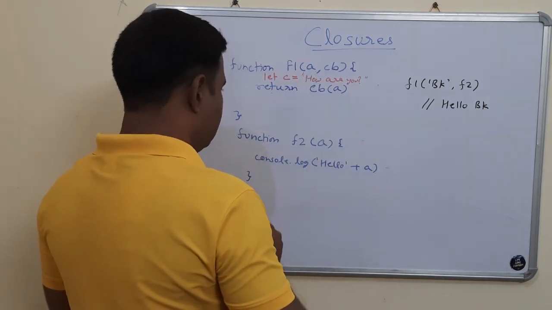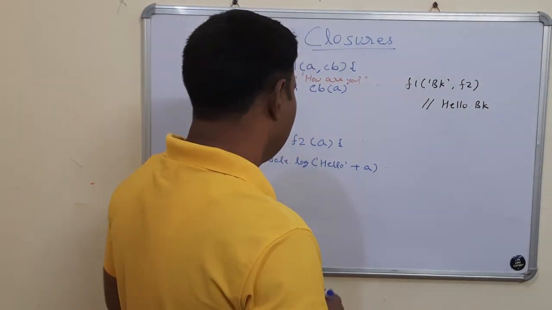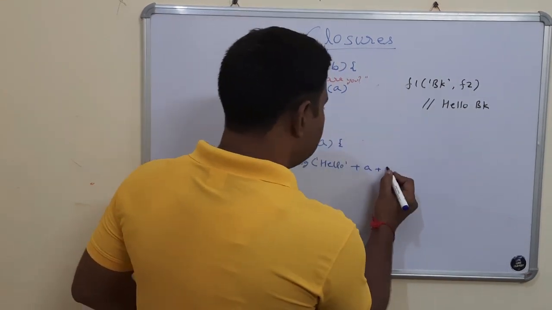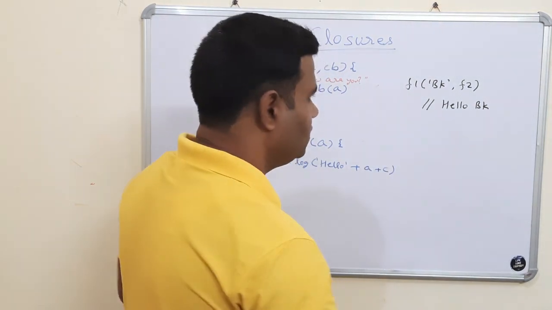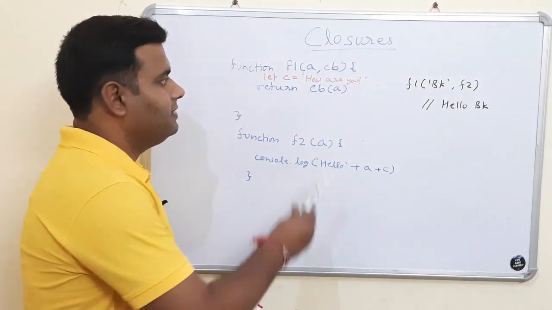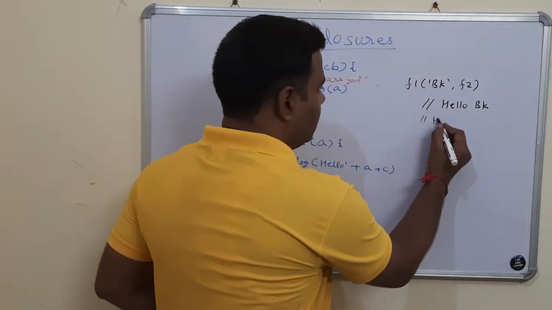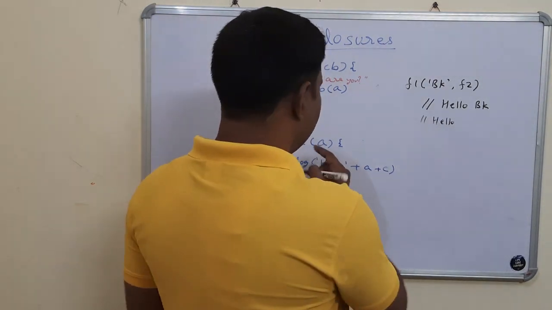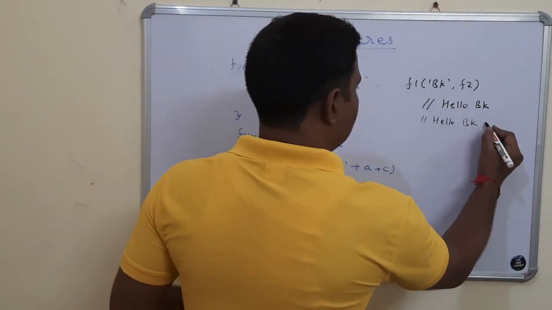Now in this callback function, after a, if we print c, can you guess what should be the output of this function? And this is using the closure. The output of this function would be hello coming from here, a from the argument, and c, how are you?